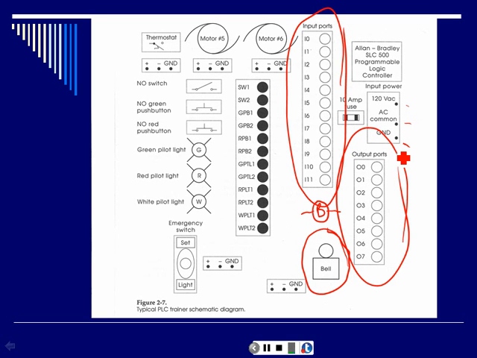The hot side comes out of one place, and so all of them connect to the hot side, but each one of those will connect to a different input screw. So they all have their own input location. Okay? So that's why you'd have more than one.